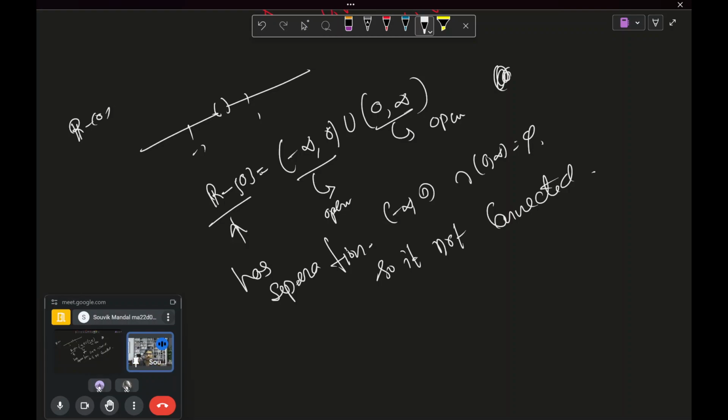Now look, R minus 0 is obviously this union this, and their intersection is empty, and both are open. So R minus 0 is not connected. So this is the argument. I mean, this definition matches with the intuition. Do you understand?